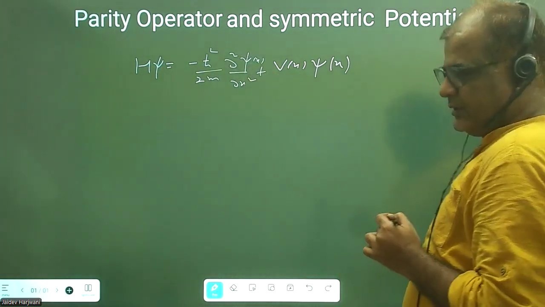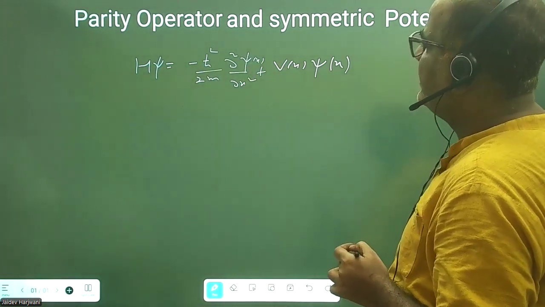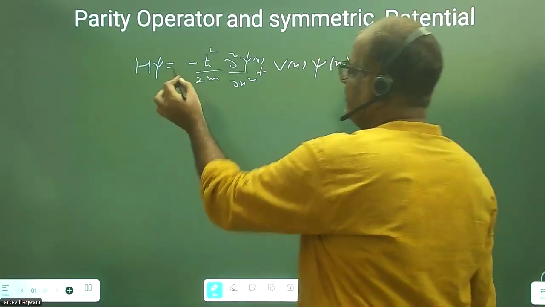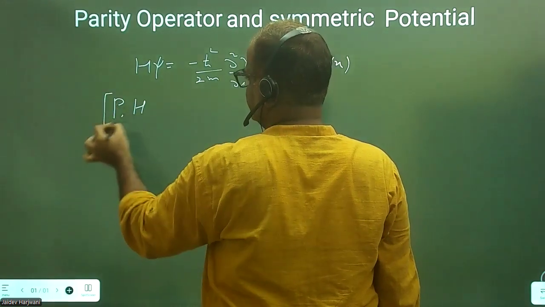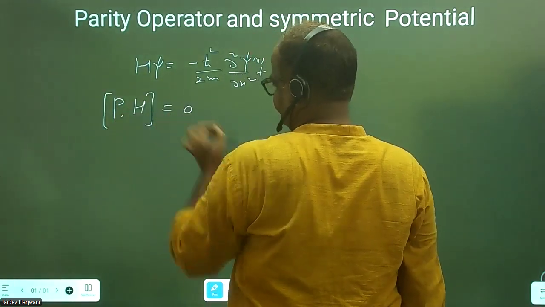Now I will prove that the parity operator commutes with the Hamiltonian. That is, if I take the commutator of P with H, they both commute.